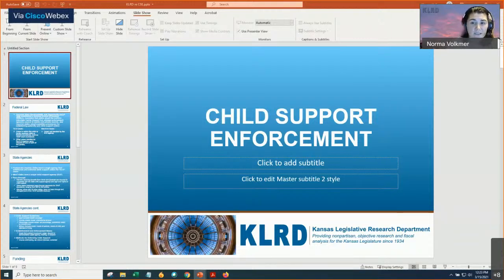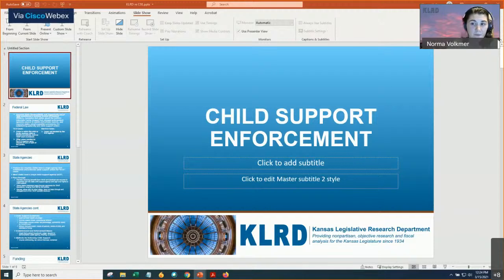Continuing with state agencies, child support guidelines are established by state agencies. There are some federal requirements for what they include. They have to include health coverage, so that's health insurance coverage. And then there are 3 main models. The first is the income shares model, and that's a proportional amount of the income.